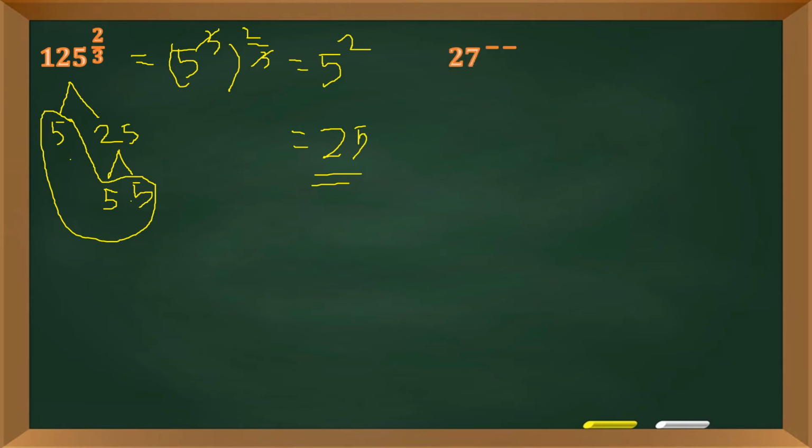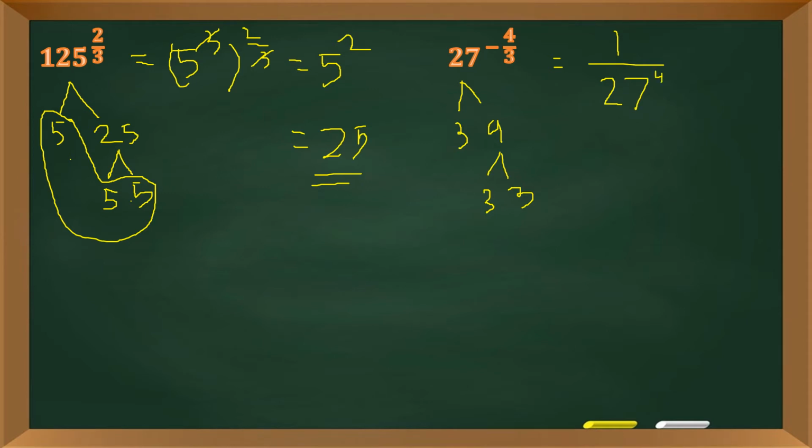How about 27 raised to negative 4/3? So again, break down 27 into its smaller factors or prime factors. That's 3 times 9, but 9 is 3 times 3. Oops, the exponent is negative, so we have to put it down in the denominator with the corresponding positive exponent.